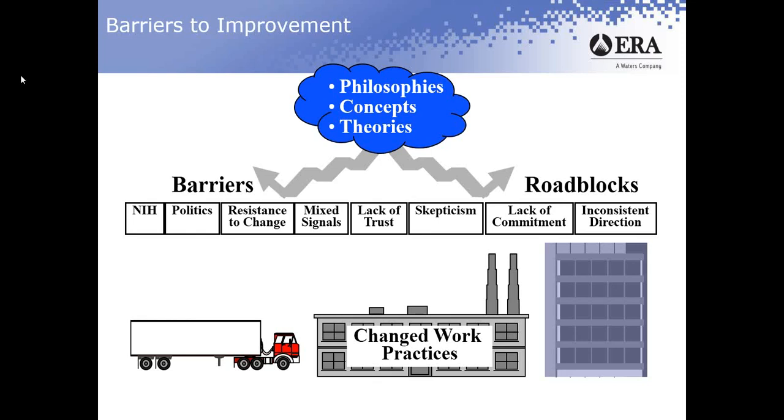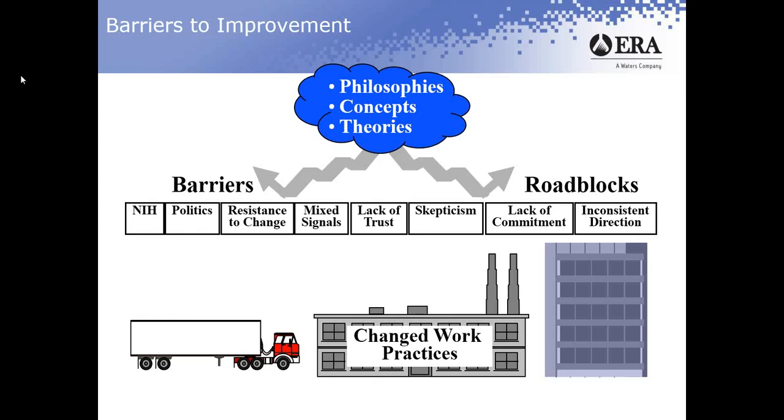And the roadblocks are always going to be the lack of commitment, inconsistent direction. They're skeptical. Yeah, we're not sure what's going on here. There's a lack of trust. There's mixed signals. There's resistance to change. There's also politics. And then, my favorite is not in our house. It's not going to work in our house.